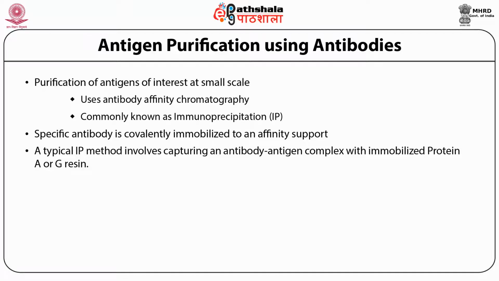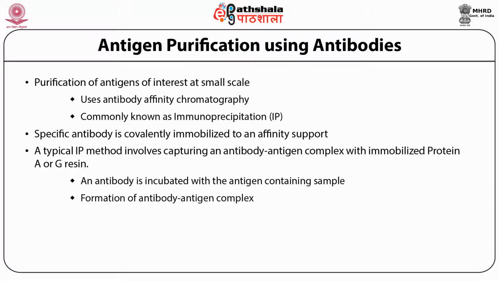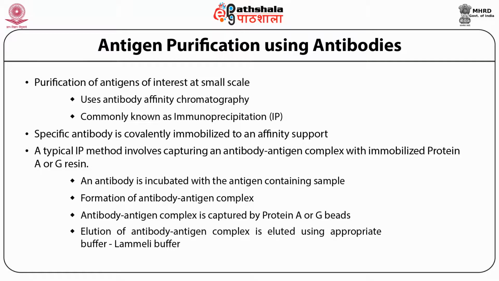In the first step, an antibody is incubated with the sample, which binds to the specific antigen present in the sample. Next, the antibody-antigen complex is captured by protein A or G beads. Finally, the antibody-antigen complex is eluted using an appropriate buffer, preferably Laemmli buffer, and separated by gel electrophoresis.